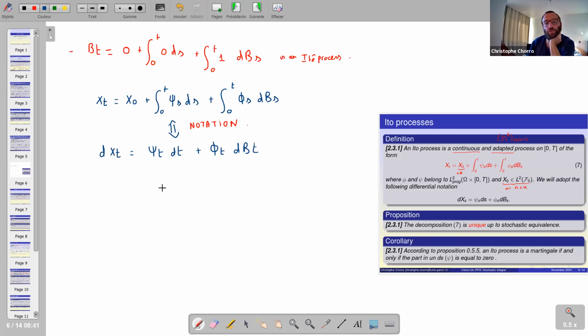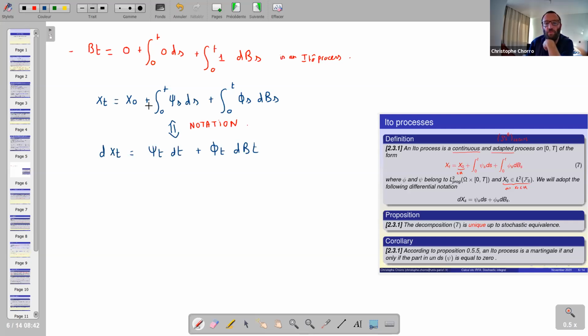So it's just a notation in order to say that I have this decomposition, I can write it this way in a compact way. It's in order to avoid using the integral notation. So it's the kind of dual, differential notation for this integral decomposition.